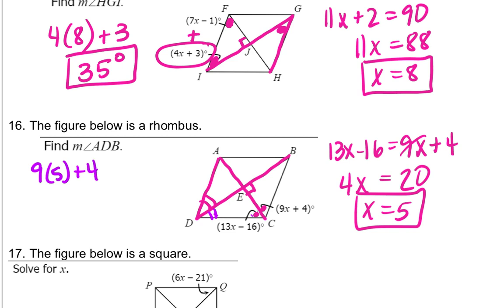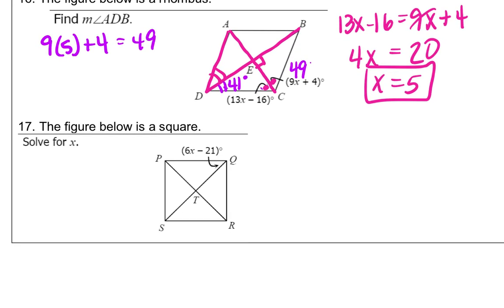So 9 times 5 is 45. 45 plus 4 is 49. So if this angle is 49, then the complement is 41, because they have to add up to 90. Basic, simple, but again, if you use the wrong property on the wrong shape, it's going to get you the wrong answer, even if you do the algebra right.